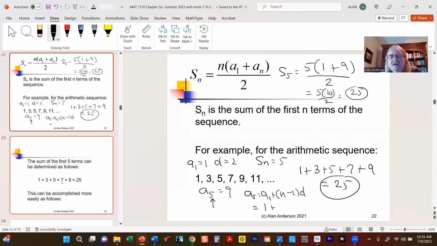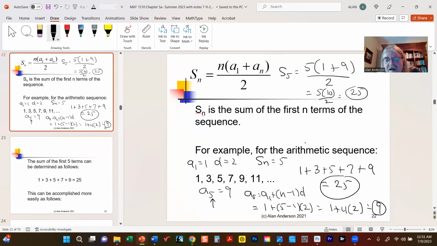A1 is the 1. One plus 4 times 2 is equal to 9. So we can count it, just go 1, 2, 3, 4, 5, or we can just use this formula to find the nth term.